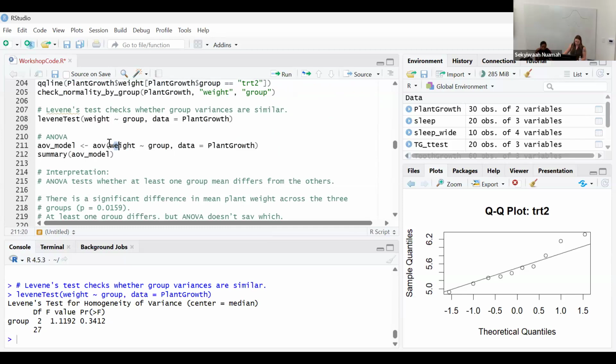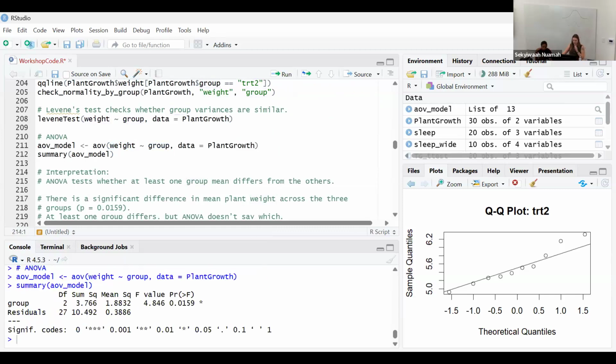So we've got our weight, which was our continuous outcome that we wanted, and then the group. Let's run our model and get the summary. Okay, so we got our p-value of 0.01. So this tells us that at least one group mean differs from the others.